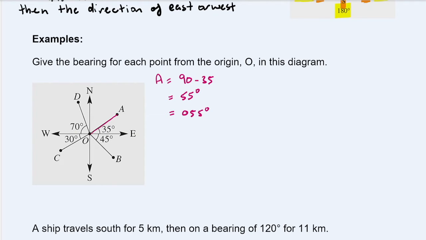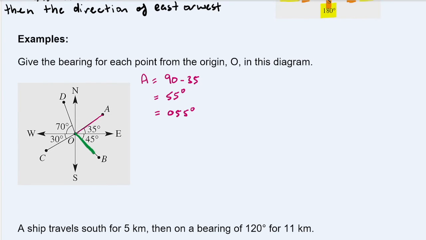For B, B is 45 degrees down from east. So we have the 90 degrees from north to east plus that 45. So we're going to go 90 plus 45. That's going to get us to 135, and that's already now 3 digits.